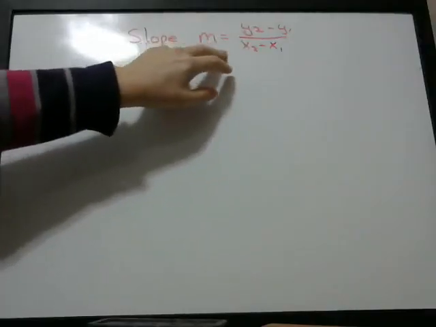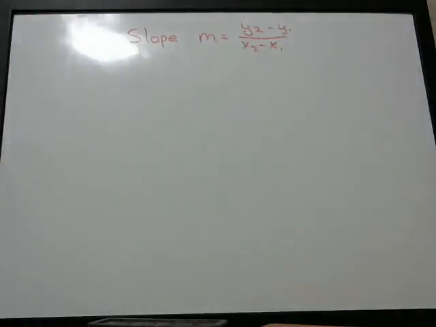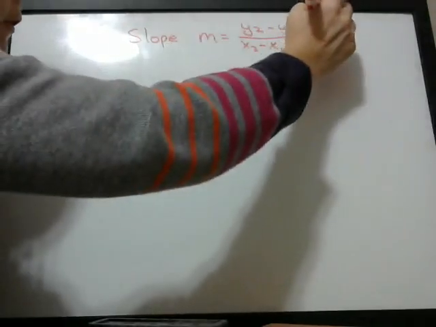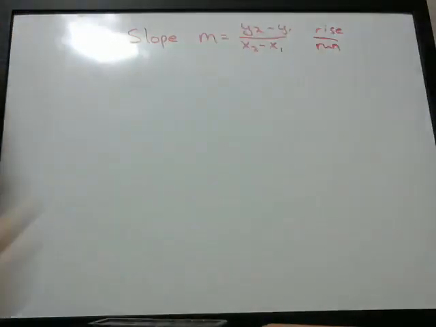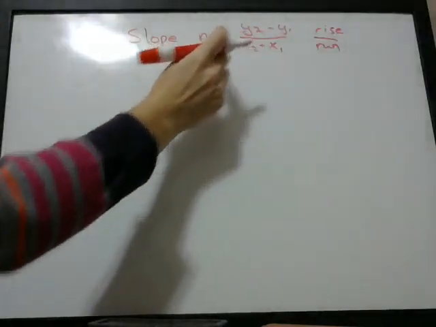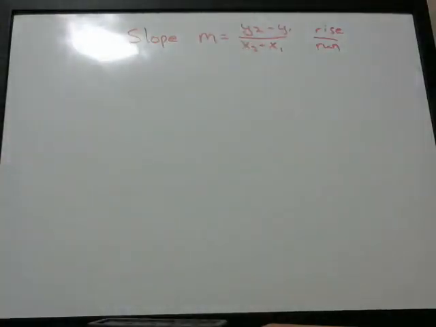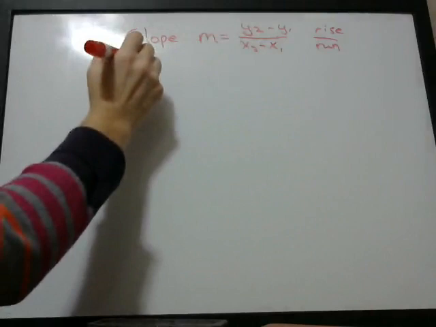So slope equals y2 minus y1 divided by x2 minus x1. You'll also hear this referred to as rise over run. Now why is that? If you remember on the coordinate system, if you don't know what a coordinate system is or how you plot points, you need to watch that video that I have on Facebook. But you're going to be given 2 points.